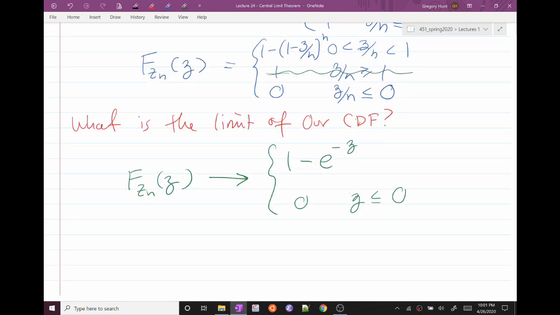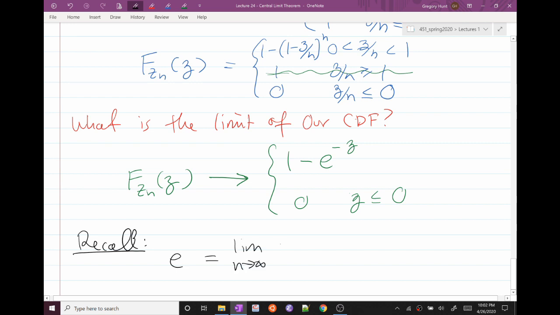You can see that if you recall the definition of e. e is the limit as n goes to infinity of 1 plus 1 over n, to the n, and so e to the c is the limit of 1 plus c over n, to the n.